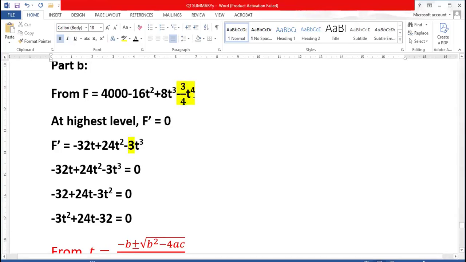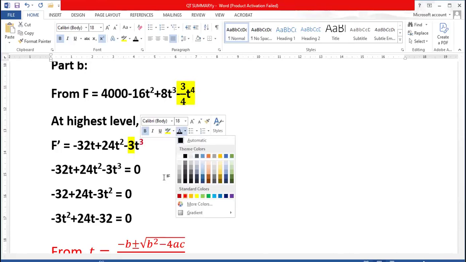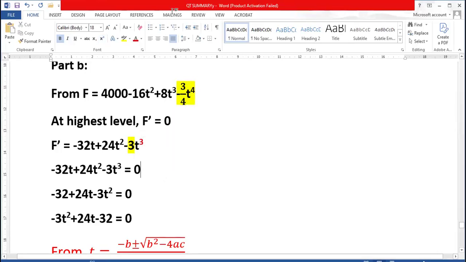Then the new power: the original power was 4, you subtract 1 from 4, you'll be left with 3. Is it okay?